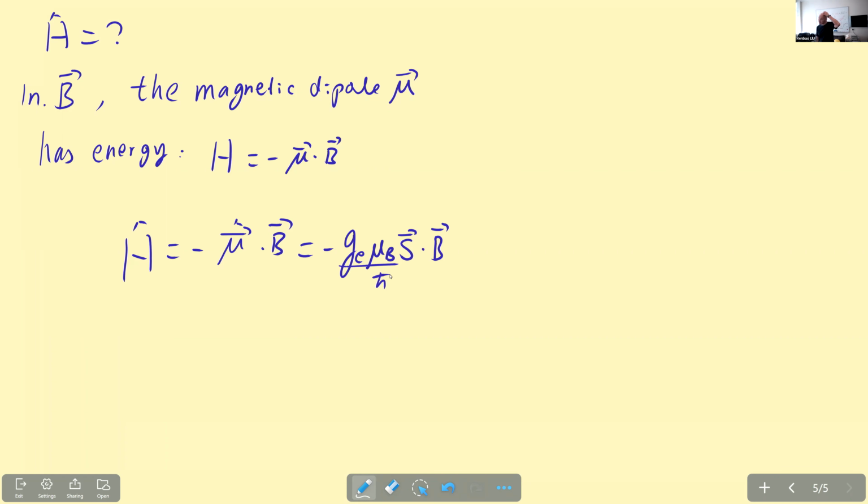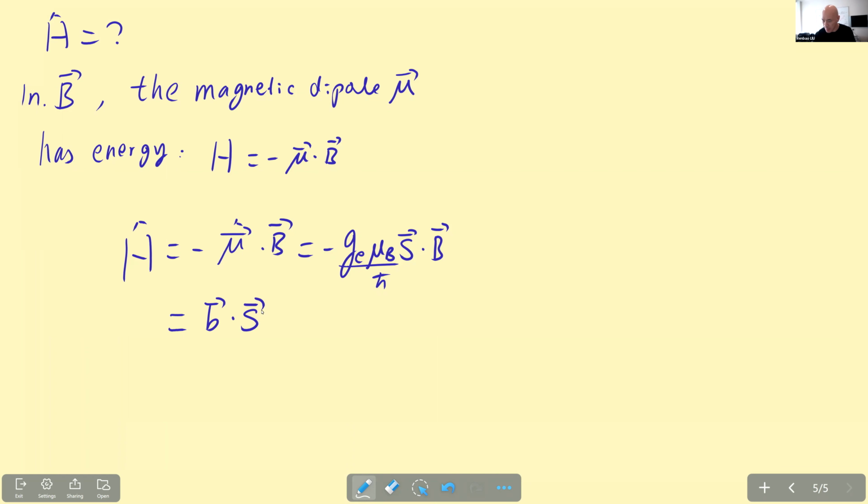So this is the Hamiltonian that we have for the spin half, okay? Sometimes we can just simply write this as b dot S, okay?